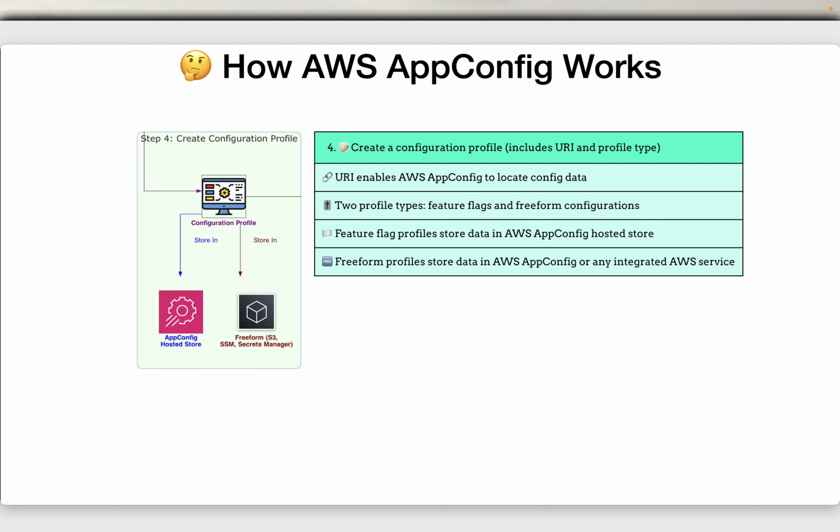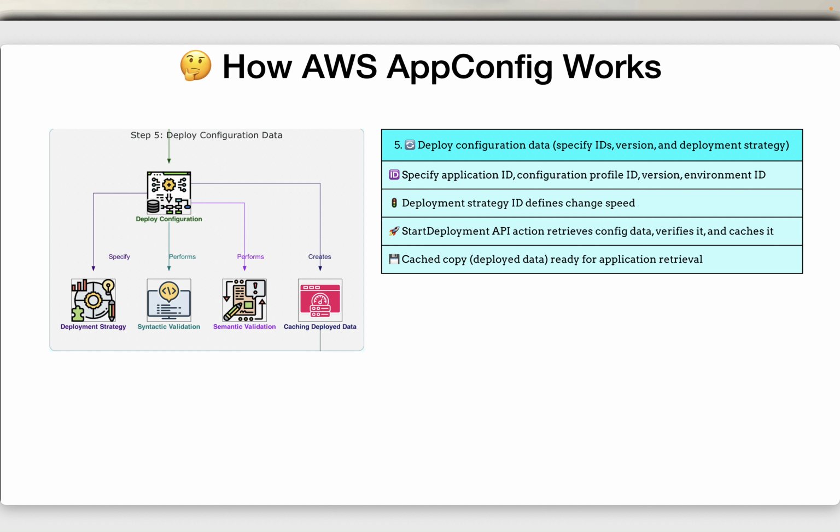One is feature flags and second is freeform configurations. Feature flag configuration profiles store their data in the AWS AppConfig hosted configuration store, and the URI is simply hosted. For freeform configuration profiles, you can store your data in the AWS AppConfig hosted configuration store or any AWS service that integrates with AWS AppConfig.